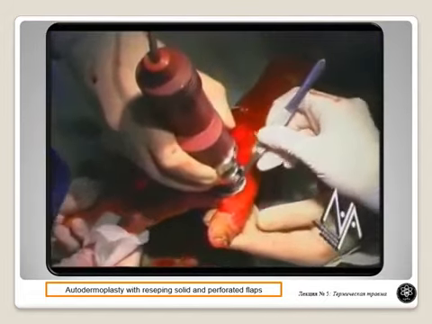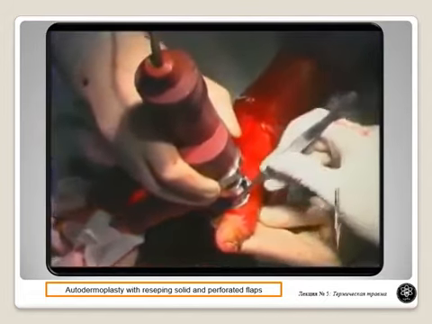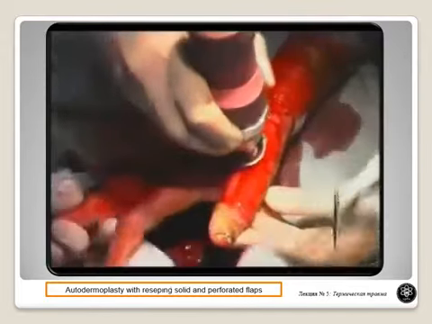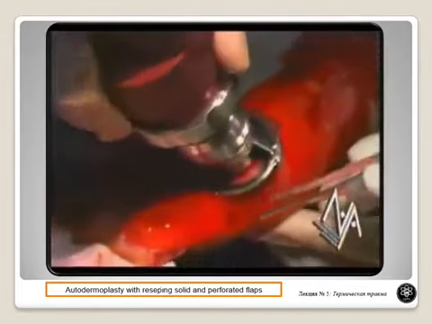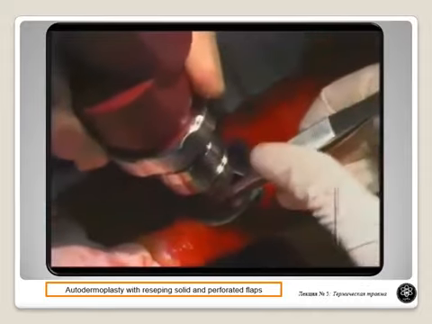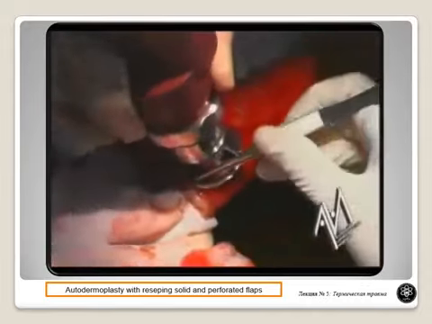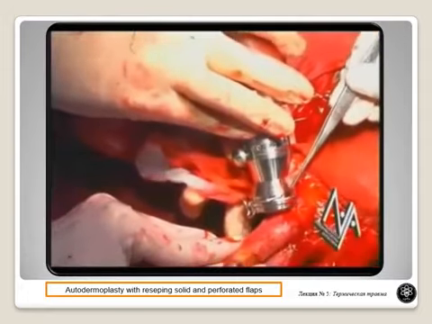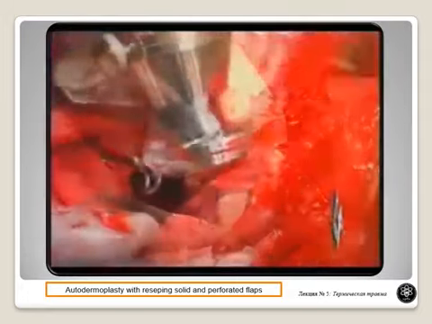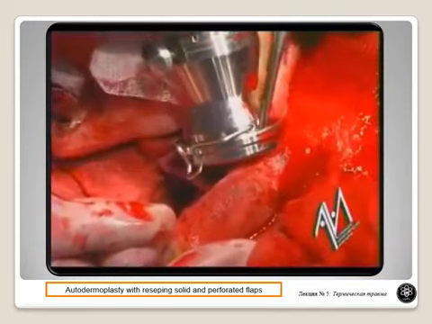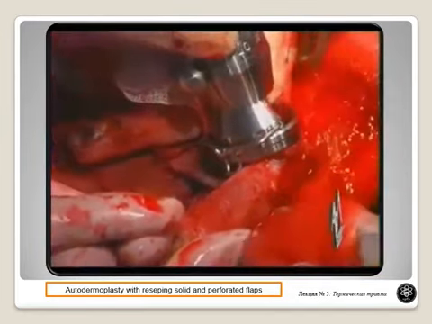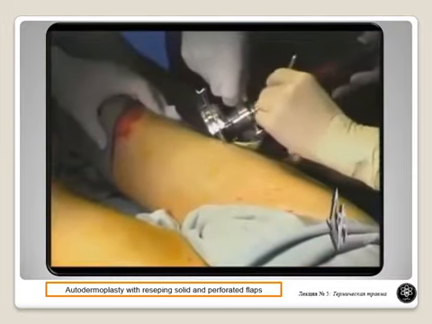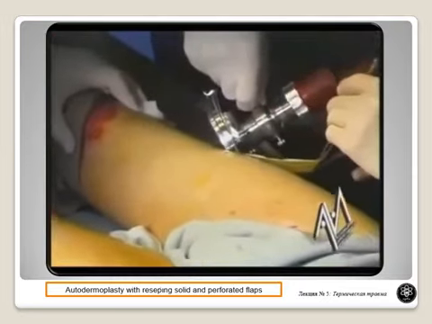Tangential excision of granulating wounds of the fingers with an electrodermatome with a D25 nozzle. Cutting of skin flaps with an electrodermatome with a DS-STU nozzle.